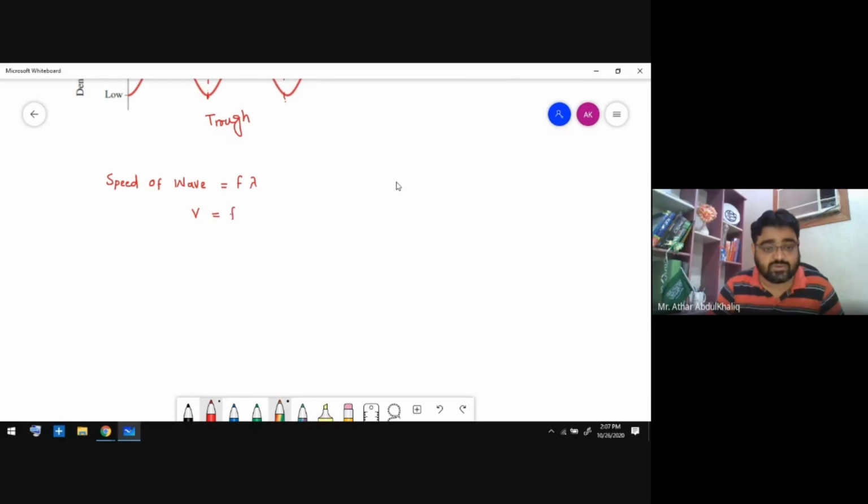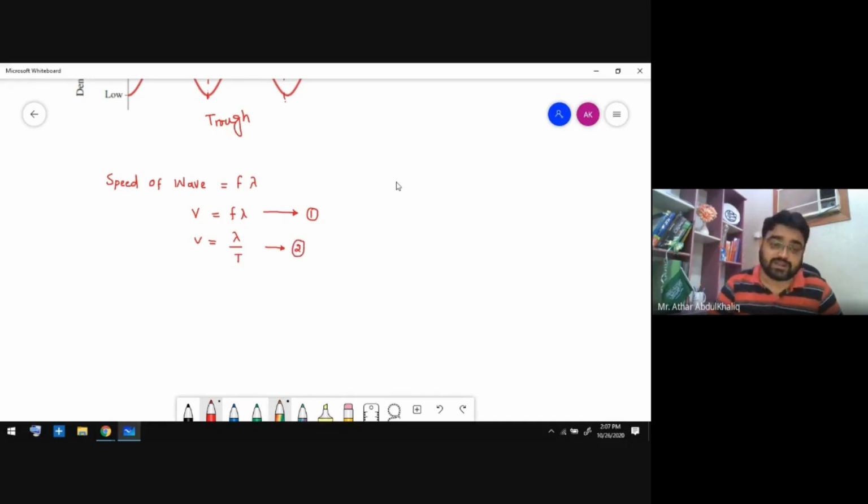V is equal to f lambda. F is the frequency, lambda is the wavelength. This formula can also be written in terms of time period: V is equal to lambda over T. This is the general formula for the speed of any wave.